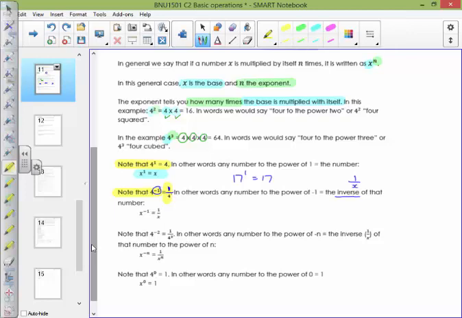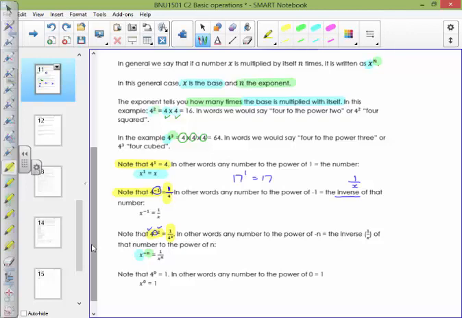So if you do have 4 to the minus 2, then it's 1 over 4 squared. The minus means 1 over, and then you're left with the 4 and the squared. All right. X to the power of negative n: the negative says put 1 over x and leave the n as the exponent for x.